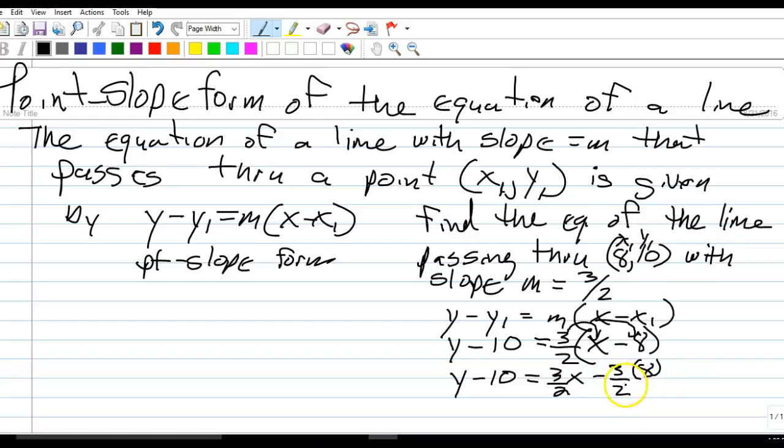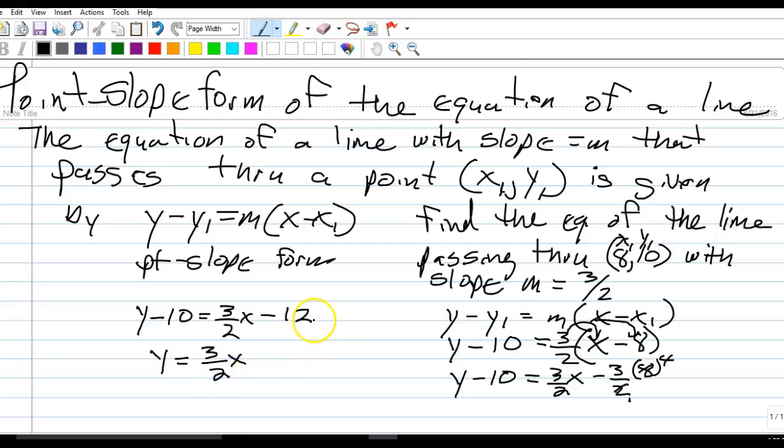And of course here I can do some cancellations to make things a little easier. So continuing over here, that gives me y minus 10 is equal to 3/2 x minus 12. And if I add 10 to both sides, I'll have it in the slope y-intercept form. I add 10 to this side, the minus 10 and the 10 will do each other in, and that gives me 3/2 x.